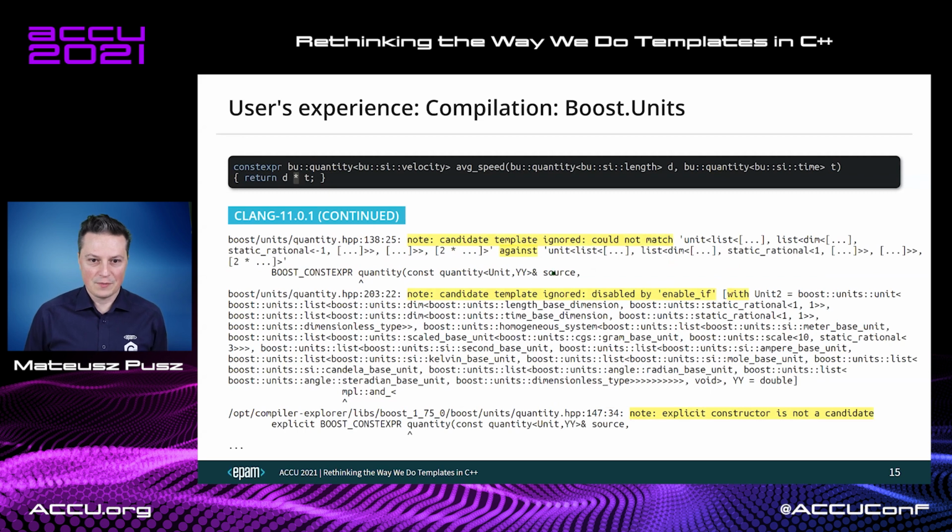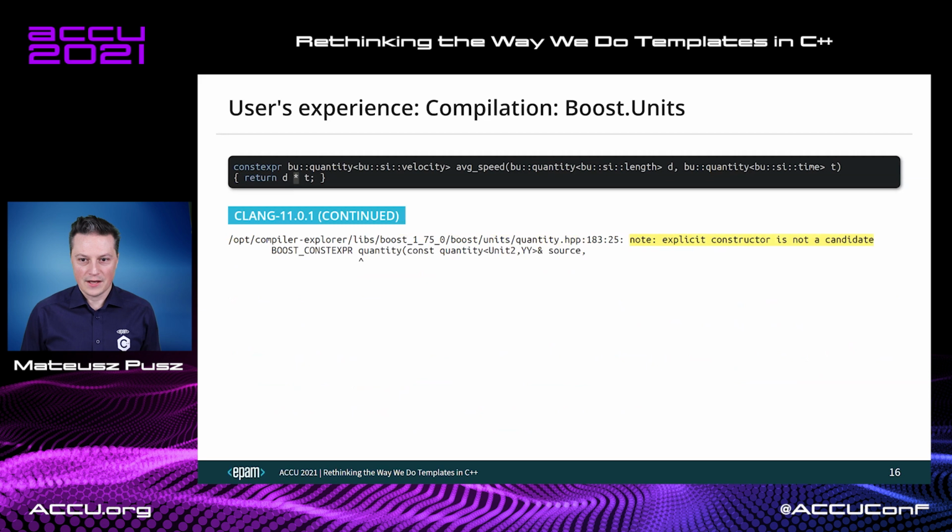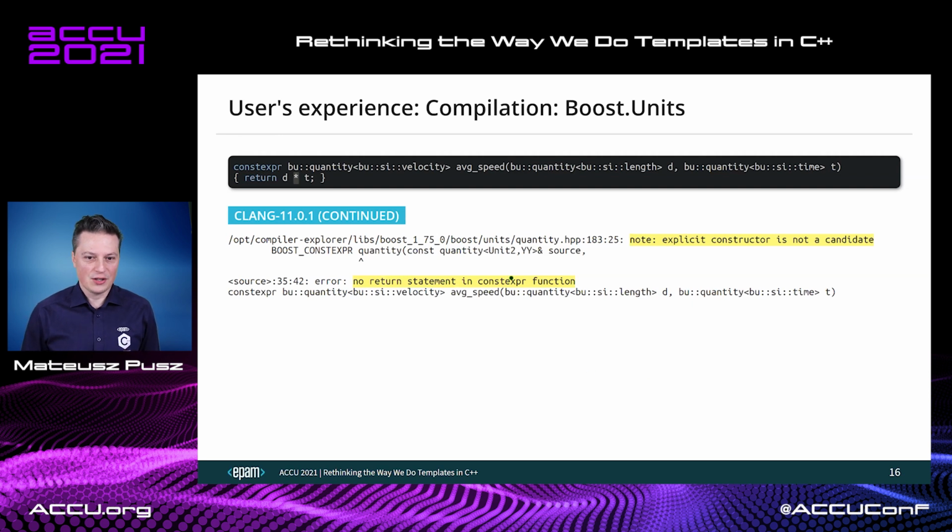And the information that some candidates were ignored or disabled, or there are explicit constructors that are not candidates in this case. And at the end, I don't know why, but the compiler tries to confuse me, says there is no return statement in the function, even though there is a return statement.